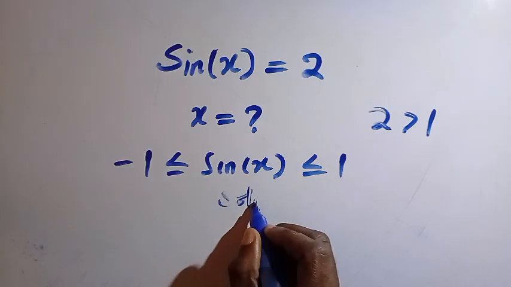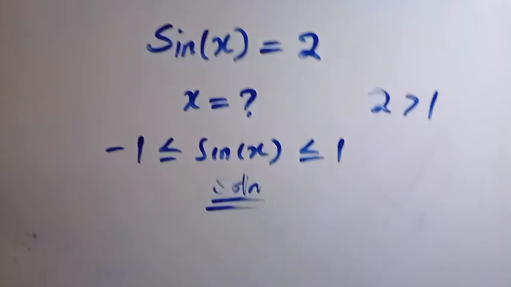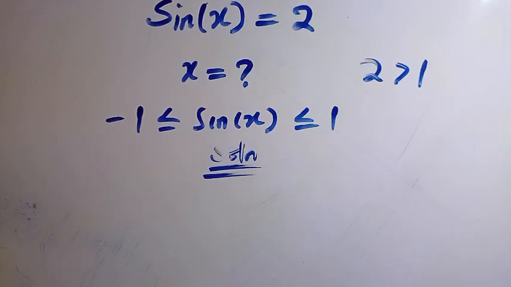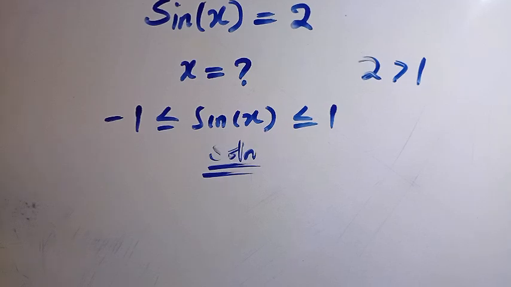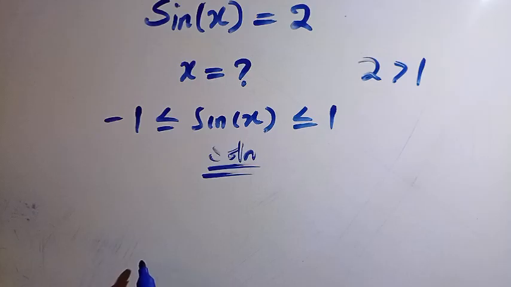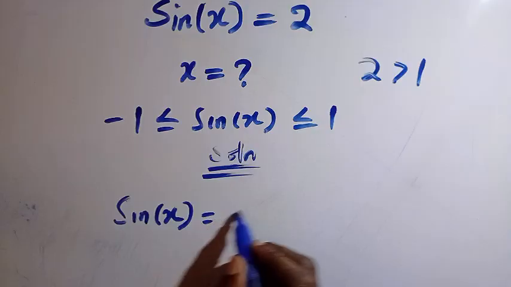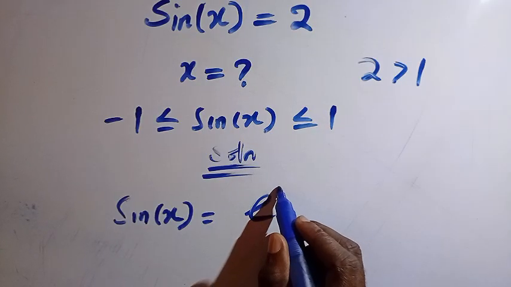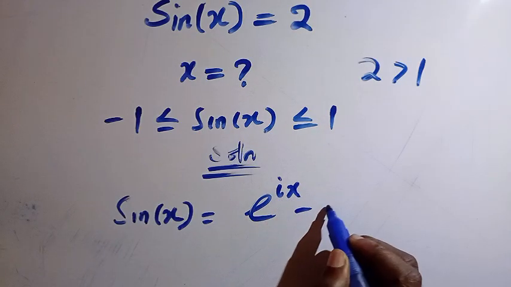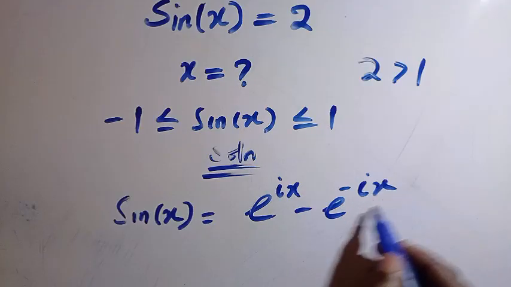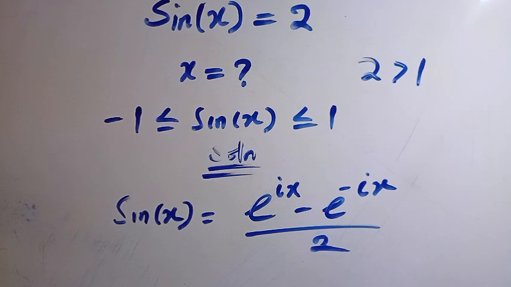Let's solve this step by step. Since we are looking for the complex solutions, what we do first is recall the identity of sine. Anytime we have sine of a function like this, for every sin x, this equals exponential of ix minus exponential of minus ix, divided by 2i.